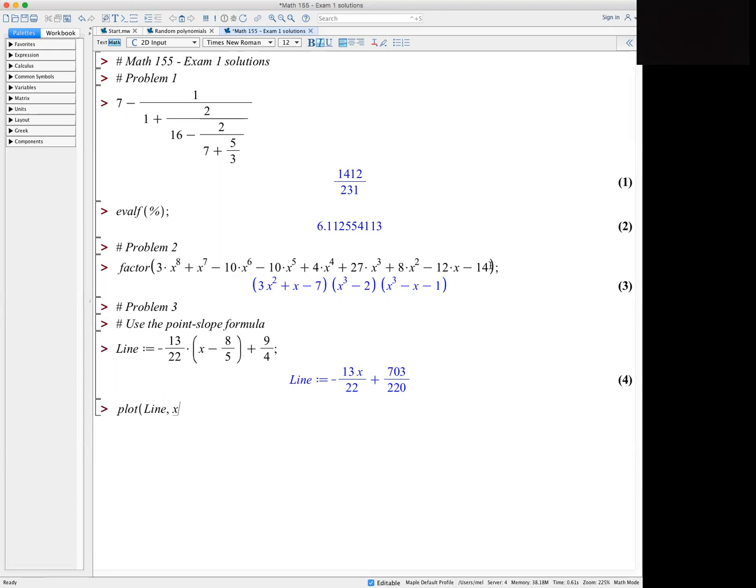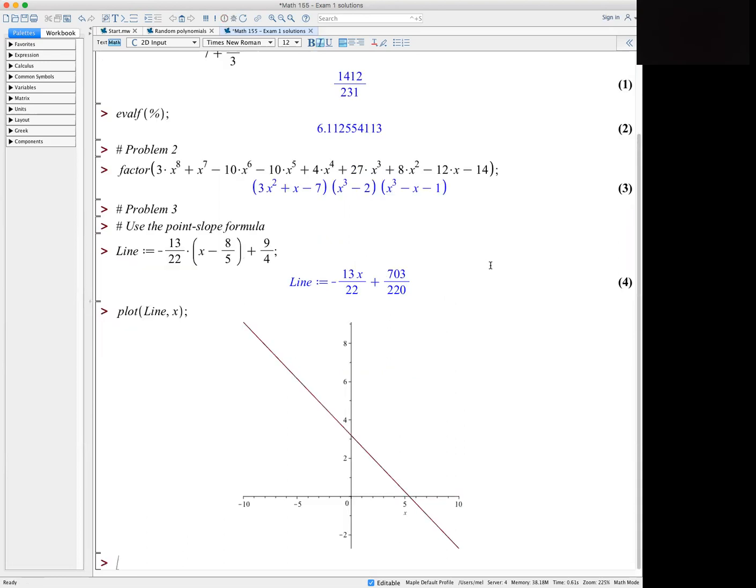And if we plot the line, that's what it looks like. Of course, the y-intercept, we just call it that. That's just where the line crosses the y-axis.